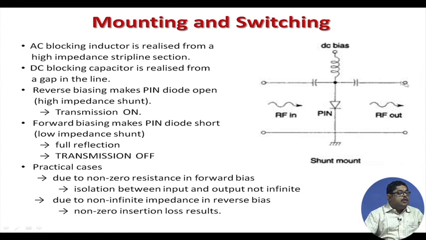When the diode is forward biased, the PIN diode is a short. In a short, full reflection takes place. So, nothing is transmitted; the RF energy gets reflected from here.